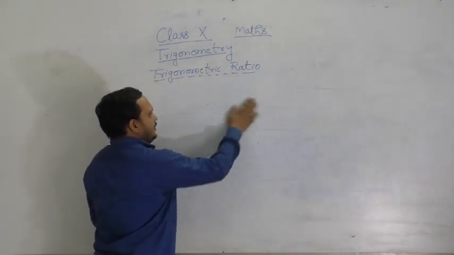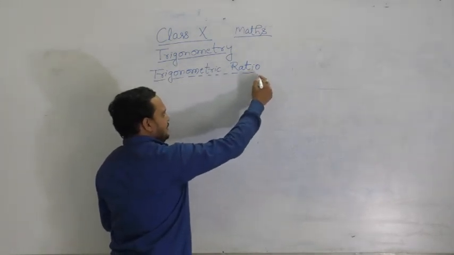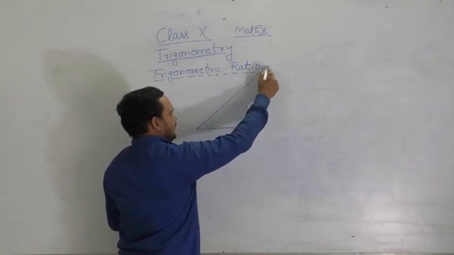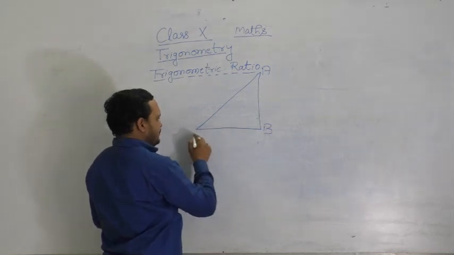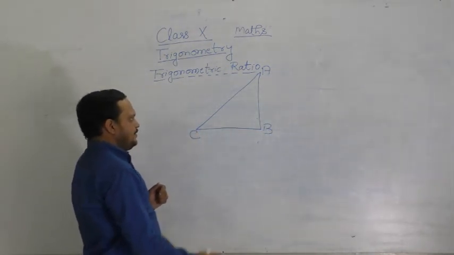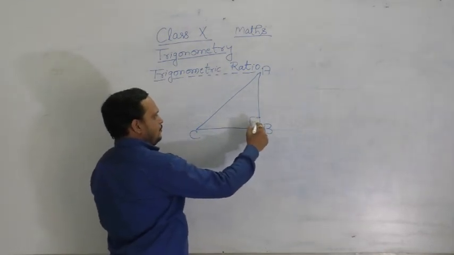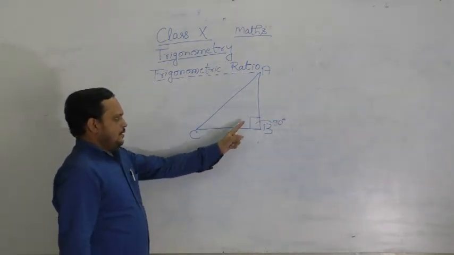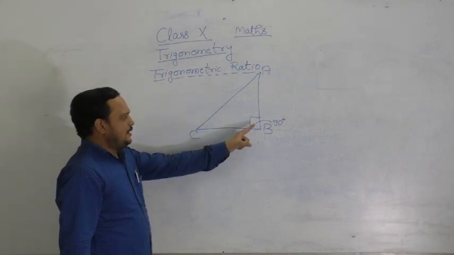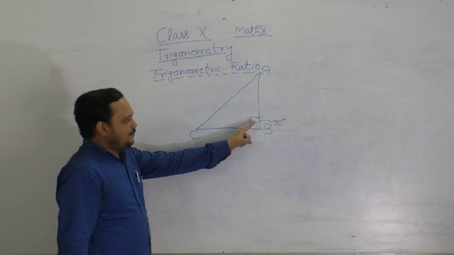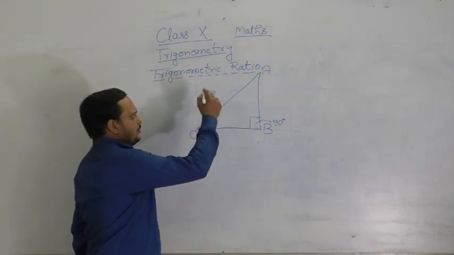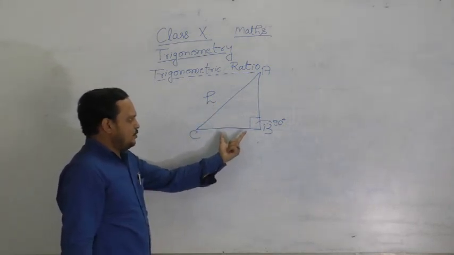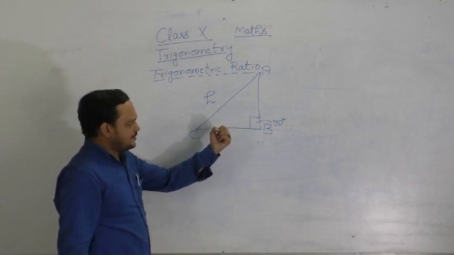Now consider a right angle triangle ABC, in which angle B is of measurement 90 degrees. In a right angle triangle, the side in front of 90 degrees is called the hypotenuse, denoted by small h, and of the other two sides, one is considered the perpendicular and the other is considered the base.